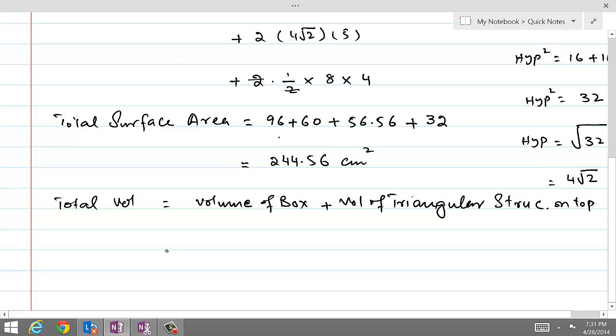So what would be the volume of the box? That's pretty easy. That would be length times width times height.